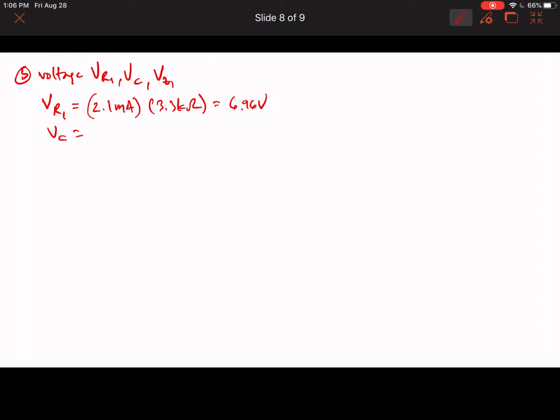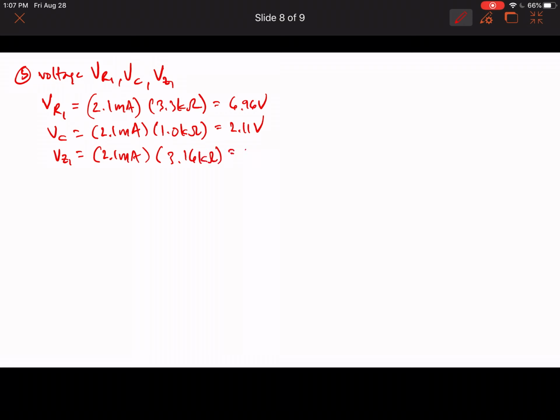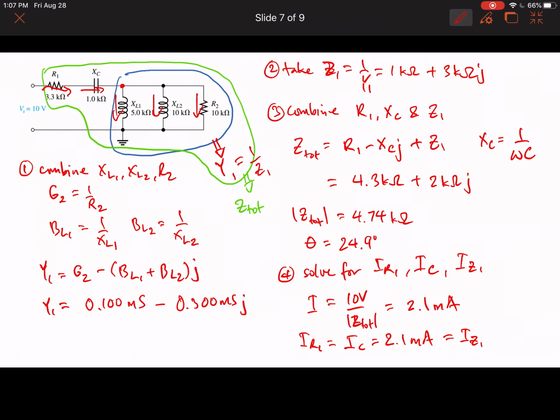The voltage across the capacitor is 2.1 milliamperes times 1 kilo ohm. This will give us 2.11 volts. And the voltage across Z1 is equal to 2.1 milliamperes times 3.16 kilo ohms, which is 6.67 volts. How do we get 3.16 kilo ohms? Well, we simply take the absolute value of Z1, and that will give us 3.16 kilo ohms.